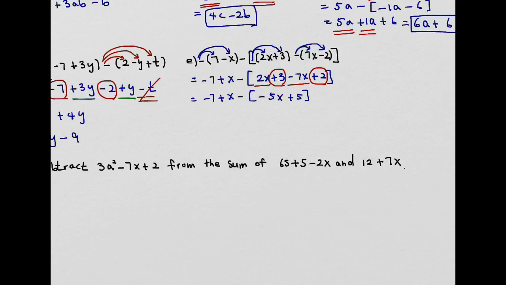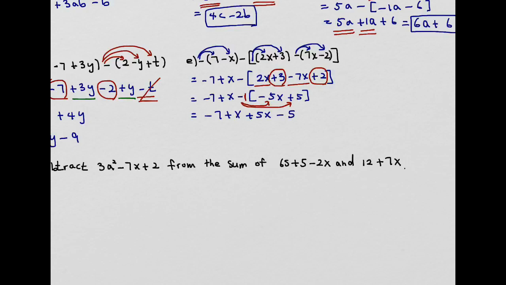And now we can distribute negative 1 to open the bracket, right? Open the bracket. I get negative 7 plus x, and negative 1 times negative 5x is positive 5x and negative 5.